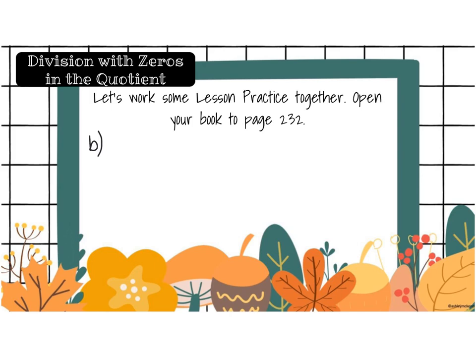Problem B is 242 divided by 6. You are finding the exact answer. All right, on most of your boards, I saw this. 6 goes into 2 0 times, so I either put a 0 or a placeholder up there. 6 times 0 is 0.